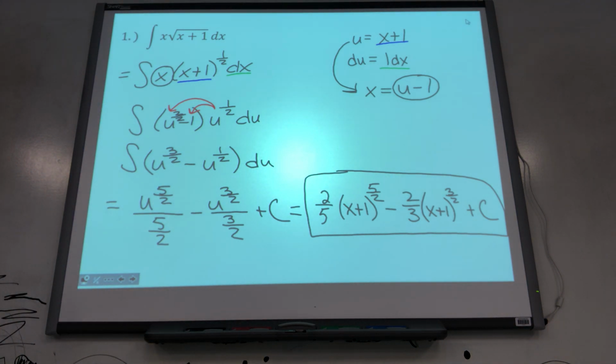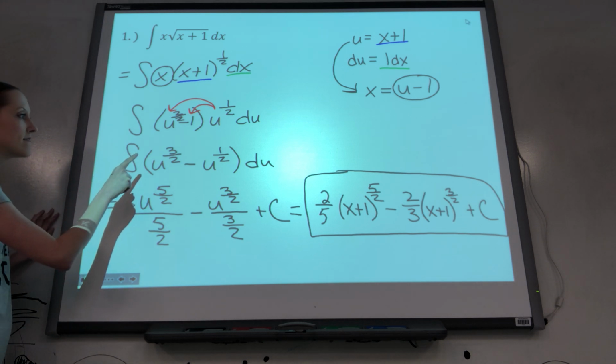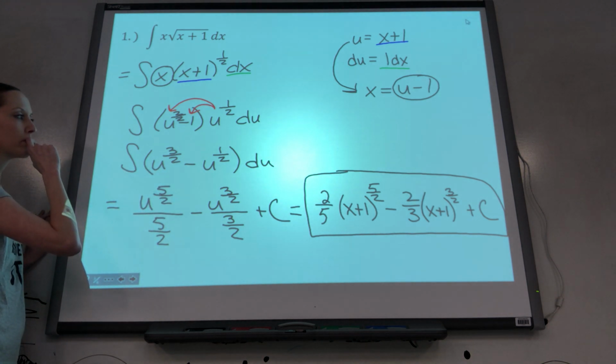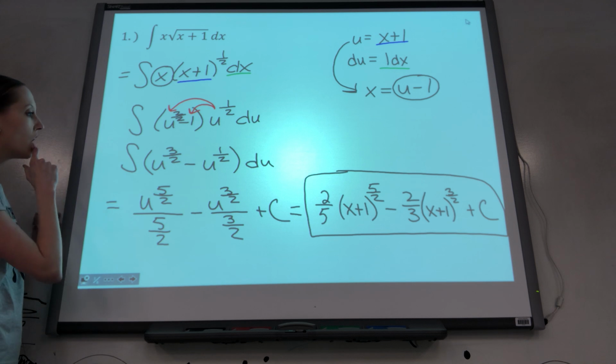Any questions about how we got that one? Student: Like when on the one where it says u to the 3/2 minus u to the 1/2, how come you couldn't just subtract those right there? Oh, let's see here.